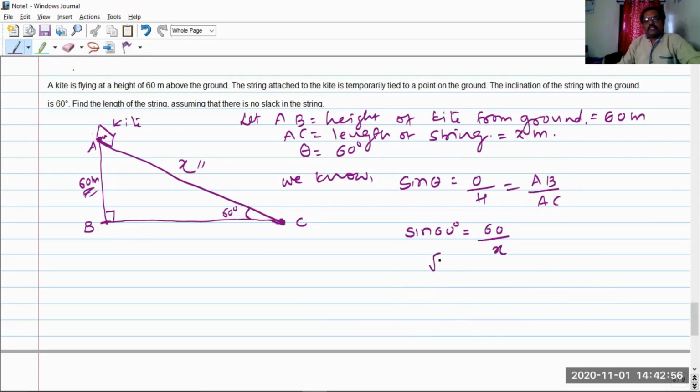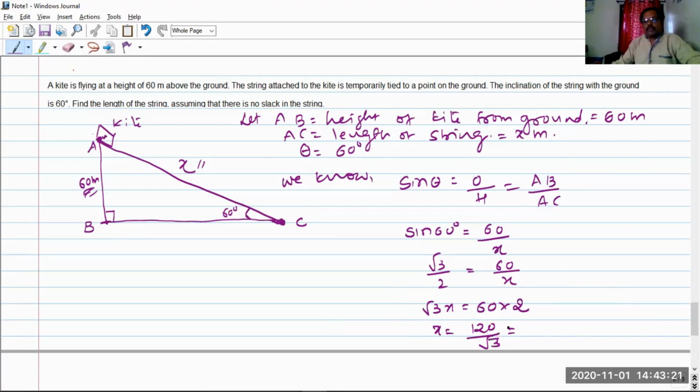Sine 60 we know is root 3 by 2, so root 3 by 2 equals 60 by x. Taking cross multiplication, what does this give us? It gives us root 3 x equals 60 into 2, or x equals 120 divided by root 3.